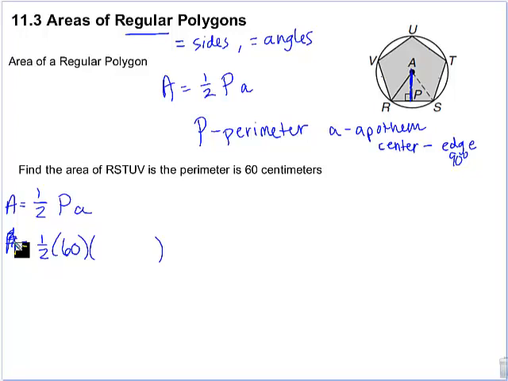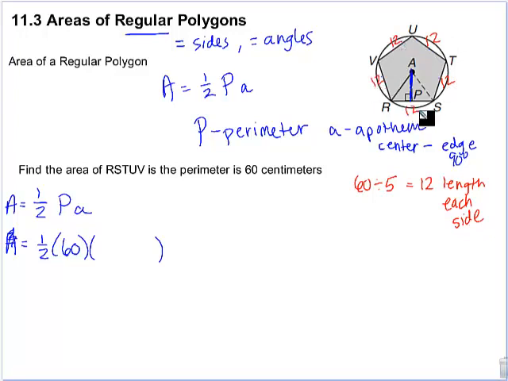If we have a perimeter of 60, how many sides are there? 5. So how would we get the length of each side? 60 divided by 5. That would give us the length of each side. So what is that? 12. So each of these sides up here has a length of 12.